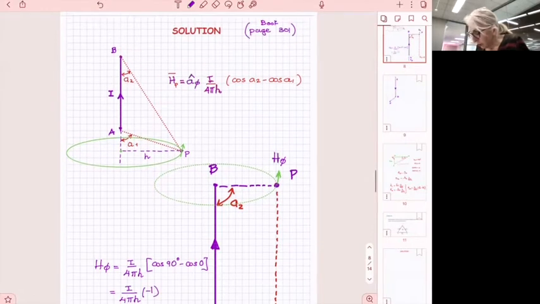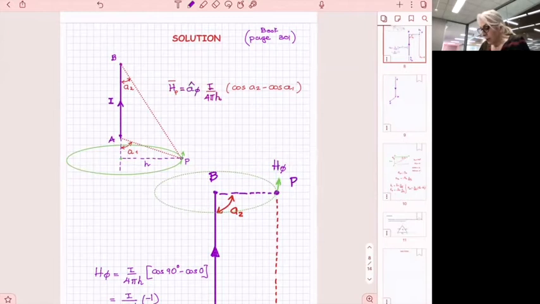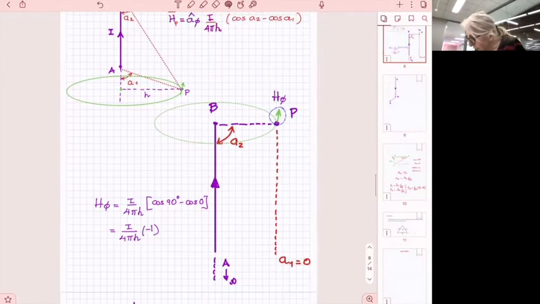All right, so if it is to go along this direction here that I have, the negative sign will make it go along the opposite direction.